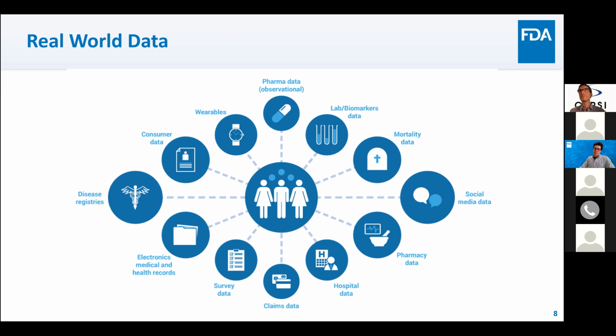So this is probably not a complete representation, but gives you some idea about the kinds of sources of real-world data that we've endeavored to use to inform many aspects of our COVID response. Real-world evidence is simply the clinical evidence that is derived from the analysis of real-world data.